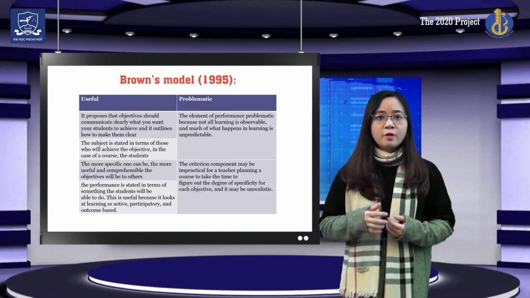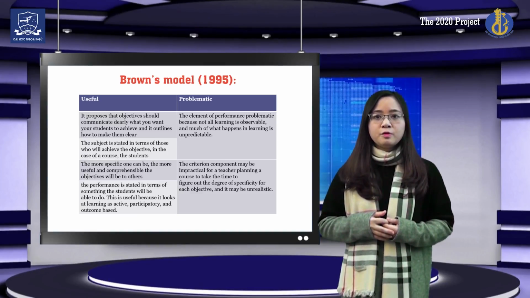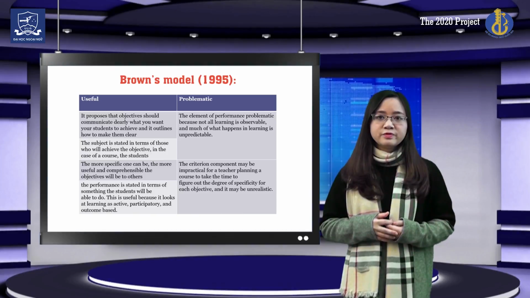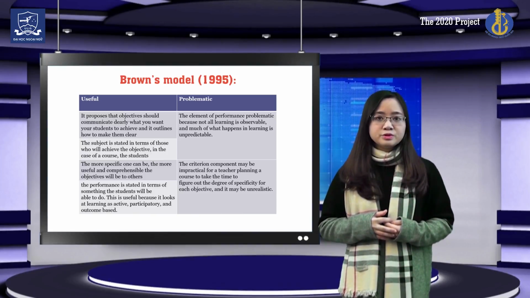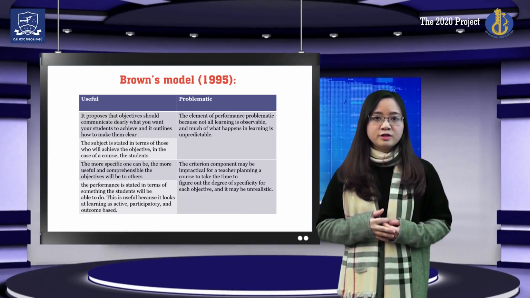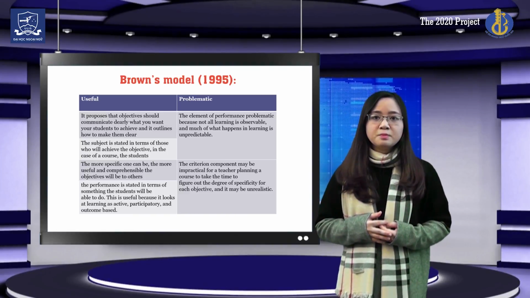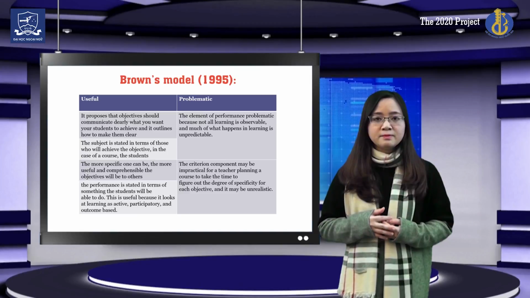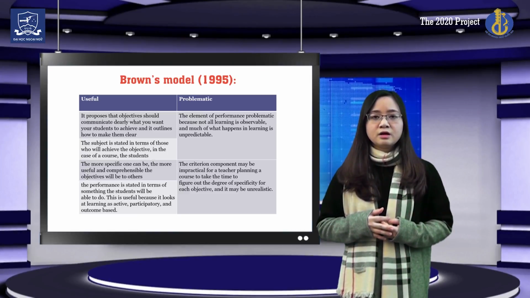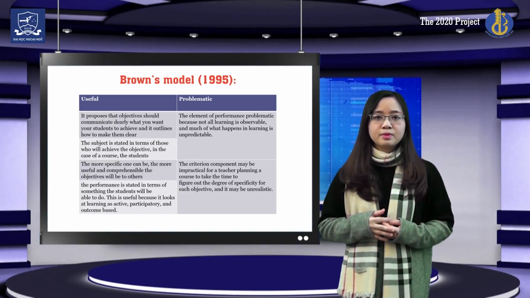Teachers often fall into the trap of writing objectives from the point of view of what they will do, not what their students will learn. Another value Brown points out is that the more specific one can be, the more useful and comprehensible the objectives will be to others.